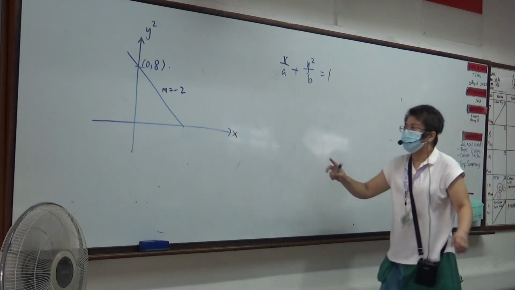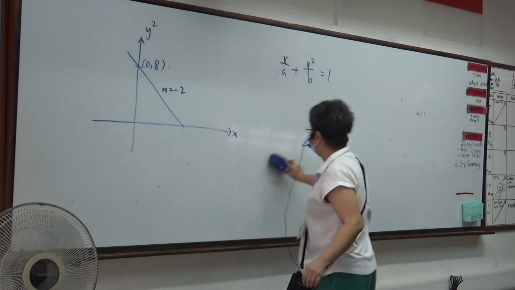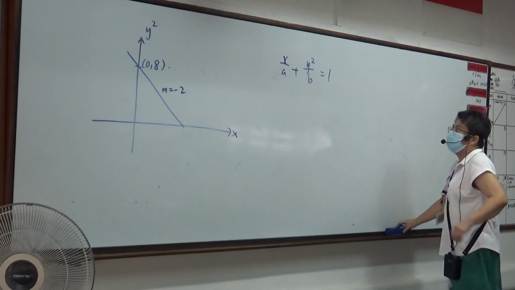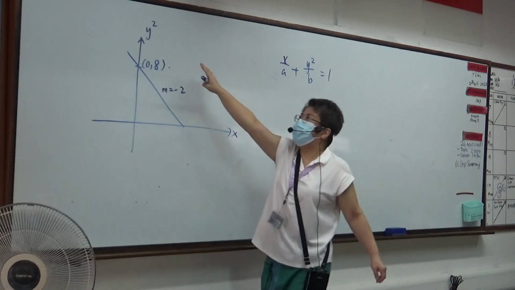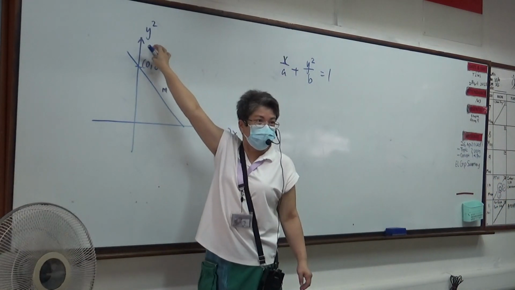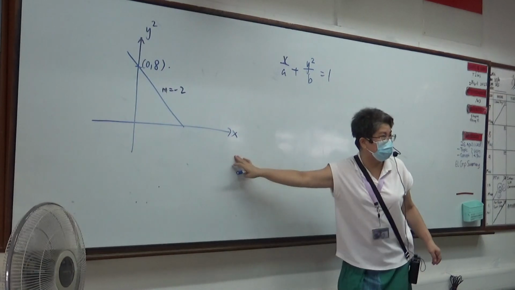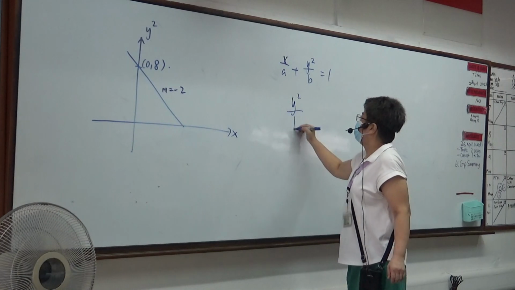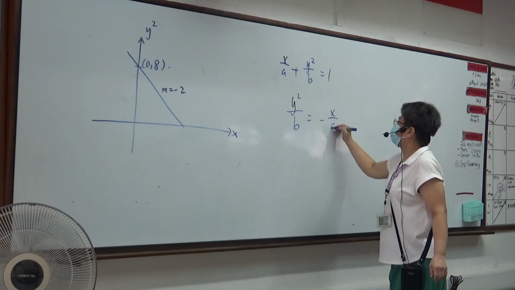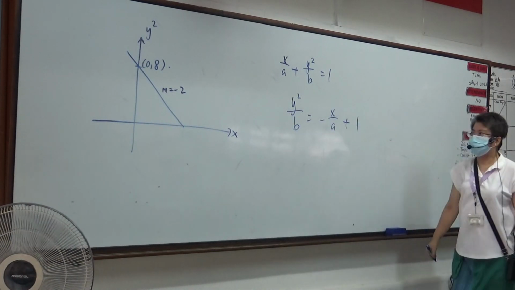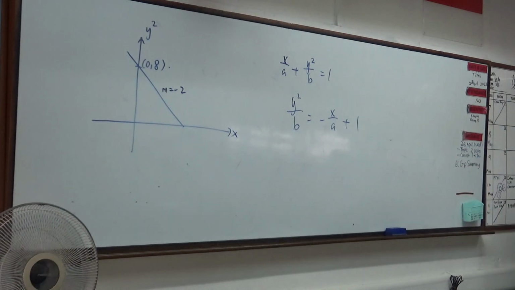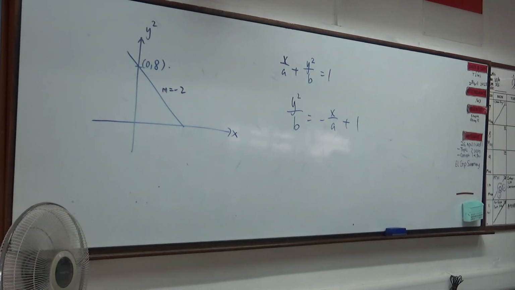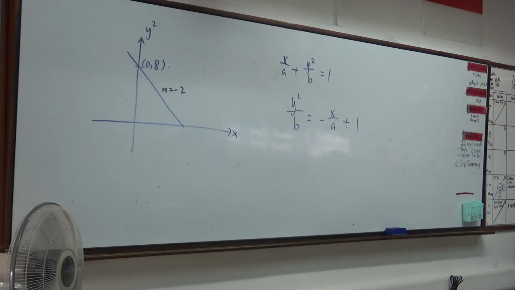Now, can you see that in this particular question, I must get y squared as the star, right? And x as the triangle. You can see it. So let's take a look at this. Are we okay with this?